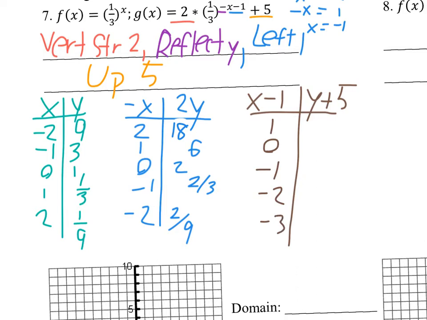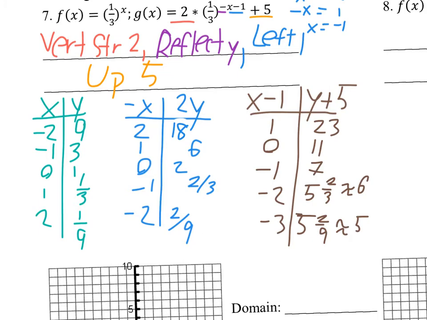Y plus 5: 23, 11, 7, 5 2/3, which is, for our purposes, approximately 6. 2/9 plus 5, 5 2/9, which is approximately 5.